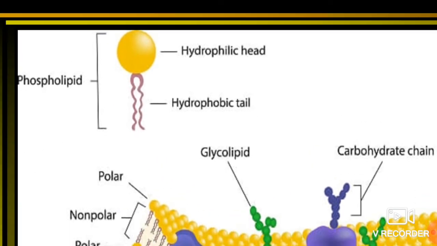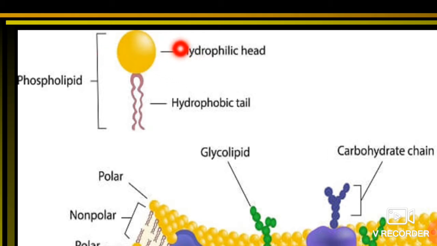So we need to understand what this lipid and protein structure actually has. If you see the single molecule which makes the plasma membrane, it is made up of two units: one is the head and the second one is the tail. The head is hydrophilic, meaning it loves water.